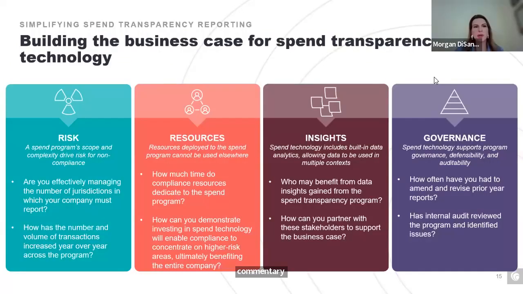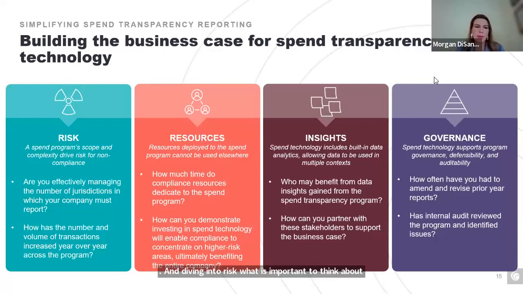So what we were doing when thinking through building a business case for a spend transparency technology solution is we bucketed this into four overarching buckets. First is risk, and then resources, insights, and governance. Diving into risk, what is important to think about is the spend program scope and complexity for your organization.